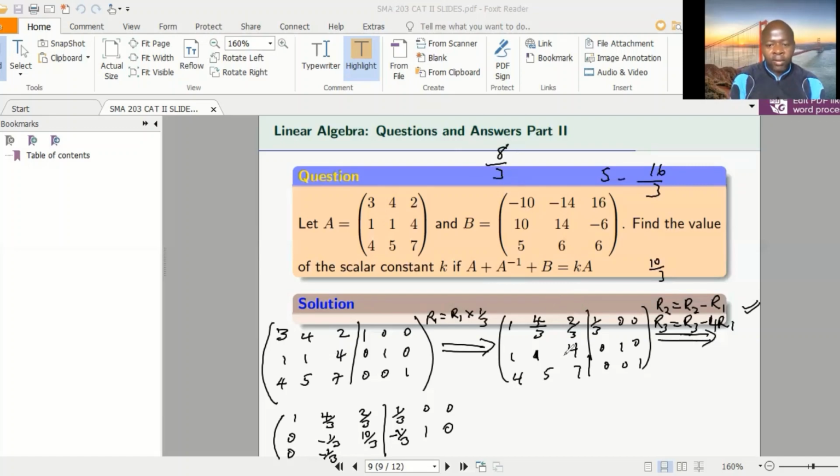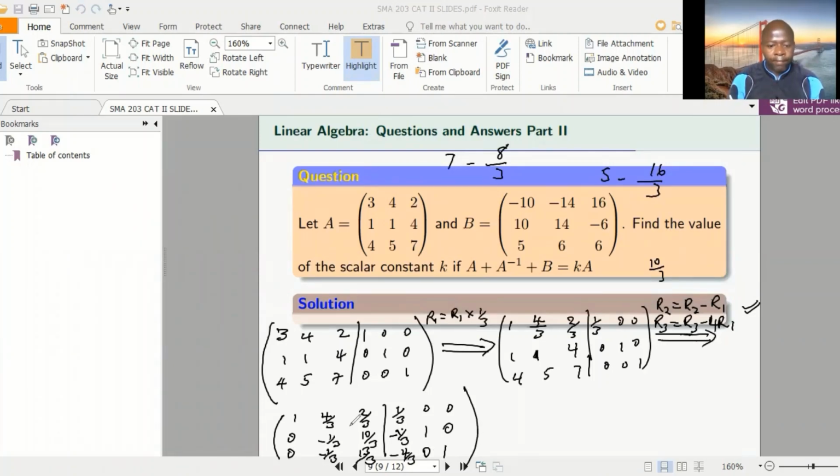It's this 8 out of 3 I'm subtracting from 7, and this is 13 out of 3. Now, this times 4 would be 4 out of 3. Subtracting from 0, you have negative 4 out of 3. Then this is 0, and this is 1.